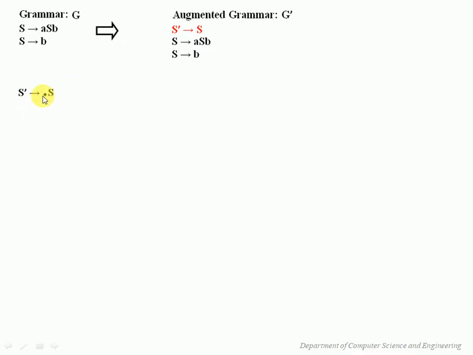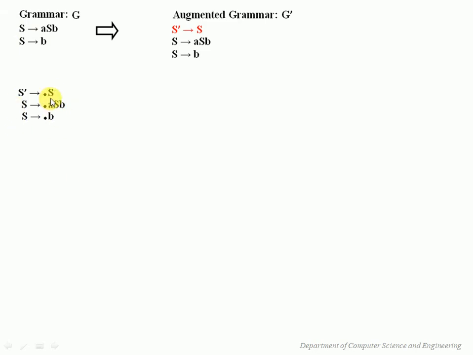That is, in this case, S is coming immediately after dot, so you have two productions with S on the left side, that is S gives ASB and S gives B. You need to add the items with respect to these two productions with dot on the left end, that is S gives dot ASB and S gives dot B, as part of finding the closure of this particular item. So you have these two items added.